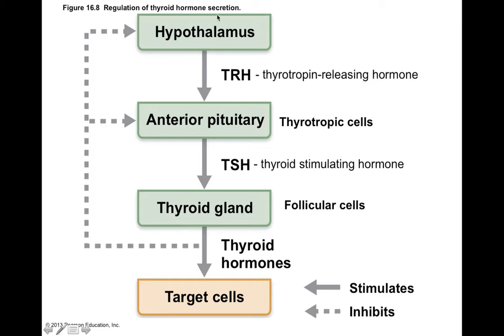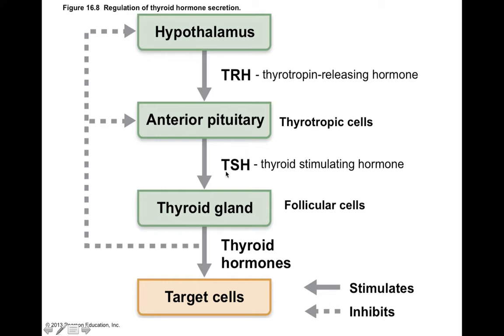And the hypothalamus has neurons that release the hormone TRH, or thyrotropin releasing hormone. Now, TRH will travel in the bloodstream to the anterior pituitary gland, where TRH will stimulate thyrotropic cells in the anterior pituitary gland to secrete the hormone thyroid stimulating hormone, or TSH.